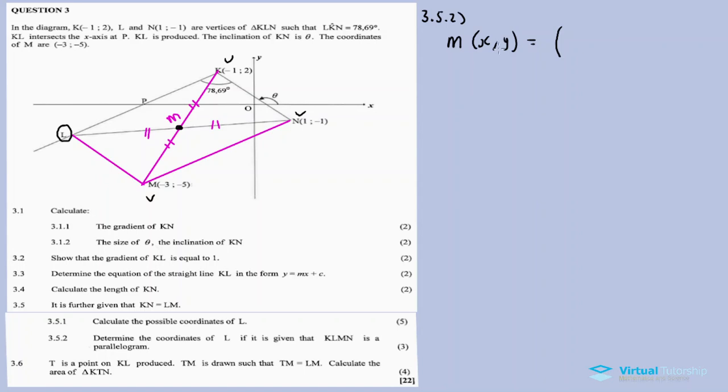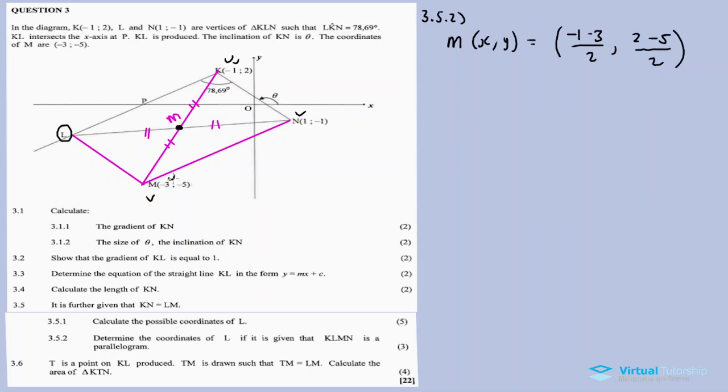So the midpoint is what again? X: minus 1 plus minus 3, it's negative 3 divided by 2. Basically the x coordinates, and then the y coordinates: 2 plus negative 5, it's negative 5 divided by 2.